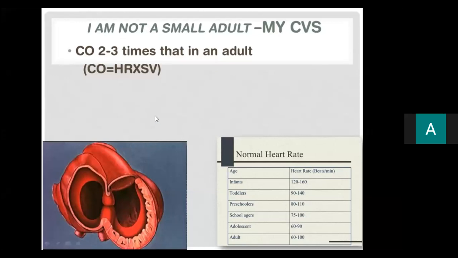Yes, they have poorly compliant ventricles. Because of having less of the contractile cells, they end up having a fixed stroke volume, and so they depend only on their heart rate if they need to increase cardiac output, or if they need to compensate for any oxygen delivery or blood supply.